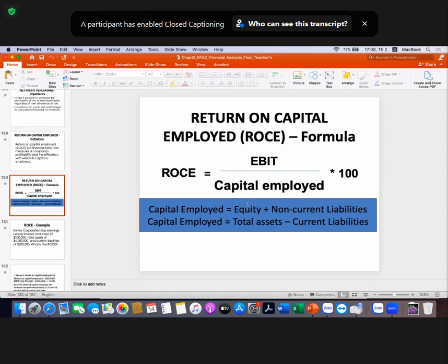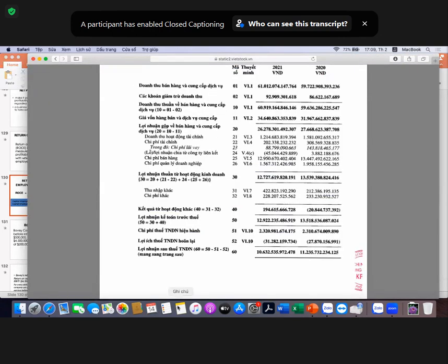The capital employed is calculated by equity plus non-current liabilities, or total assets minus current liabilities. So what is the return on capital employed in 2020 and 2021 of Vinamilk?